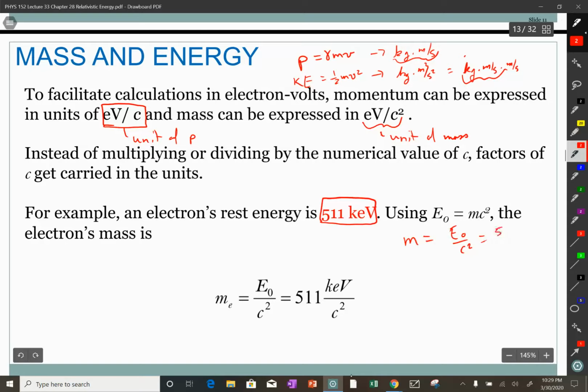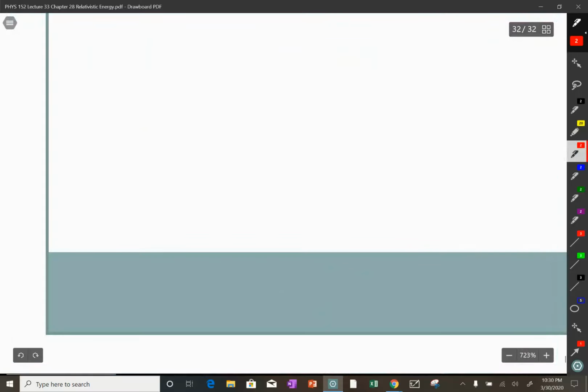So that's going to be 511 kiloelectron volts divided by c squared, or simply 511 kiloelectron volts per c squared is my unit for mass. So ultimately, I don't have to think here. If I know that it has a rest energy of 511 kiloelectron volts, then I know it has a mass of 511 kiloelectron volts per c squared. I think you can see how that's useful.